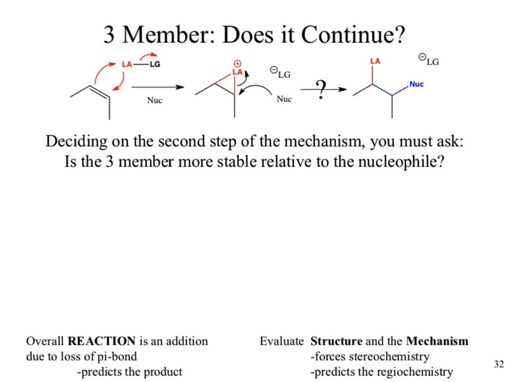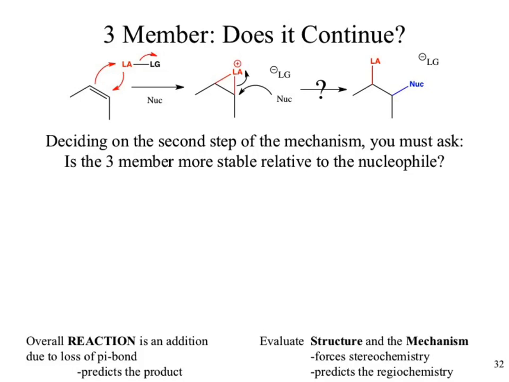It needs to be a good leaving group. So what we're looking at is that intermediate 3-membered structure and deciding, is it a good leaving group? Well, is it positively charged? Yeah. If it acted as a leaving group, what would happen to the positive charge? It would become neutral. Which is more stable, neutral or charged? Neutral. We have a great leaving group. A weak nucleophile is all we need.